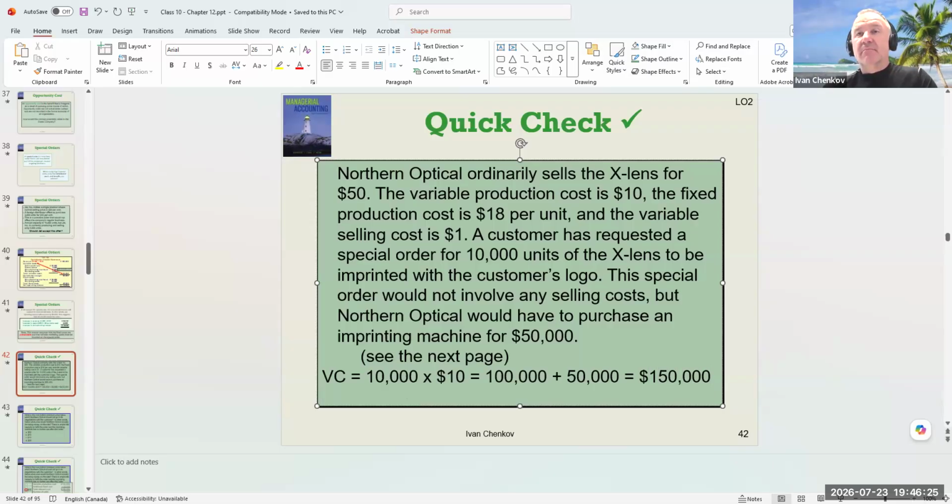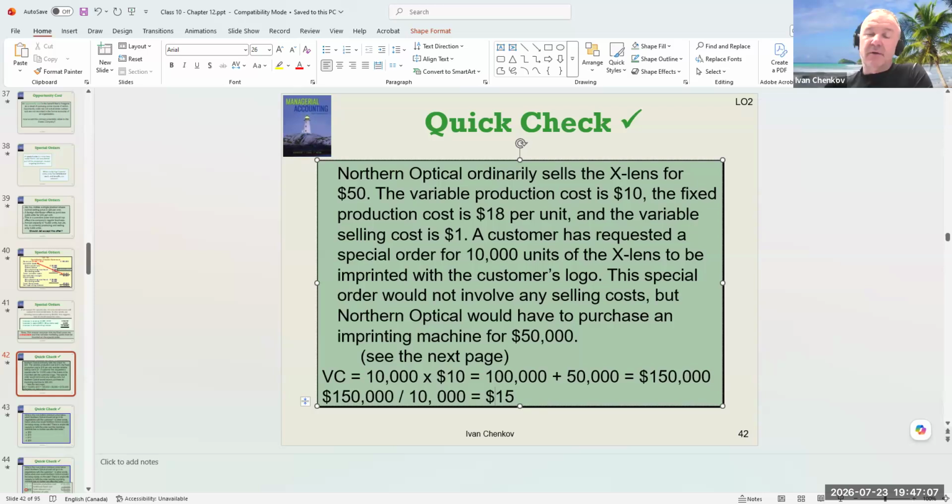How many units am I selling? That will be $150,000 divided by the number of units, which is 10,000 units. That brings me to the minimum cost for those units, which is $15. So, since my minimum cost is $15, if I ask this client to pay me $14, am I going to make money or lose money?